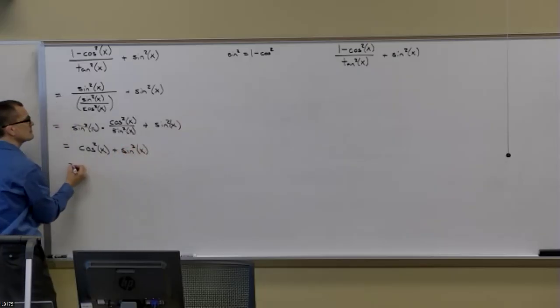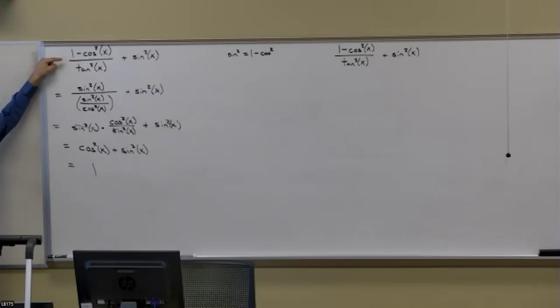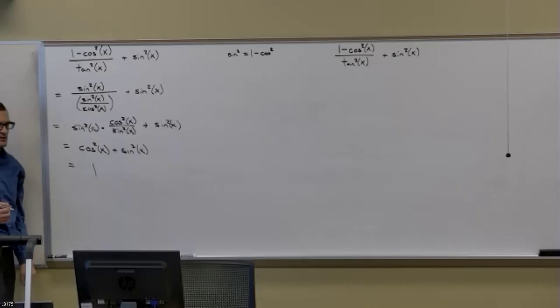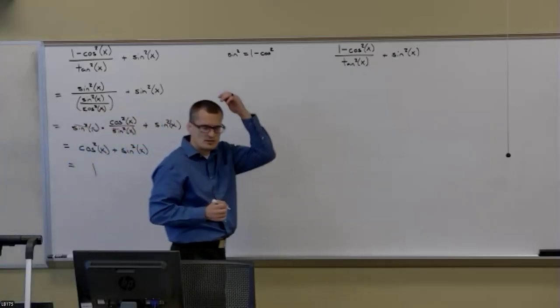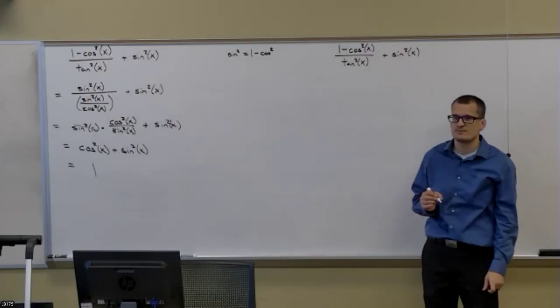Which we all know, Pythagorean identity simplifies to 1. So that expression is just 1. Okay. Given any angle that you can plug in and not be dividing by 0. So as long as you're not dividing by 0, that expression.